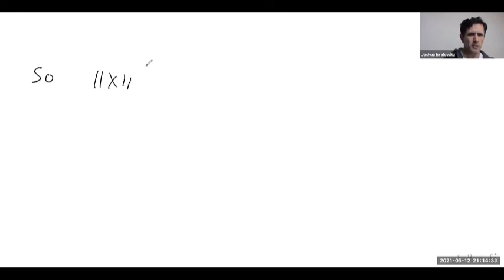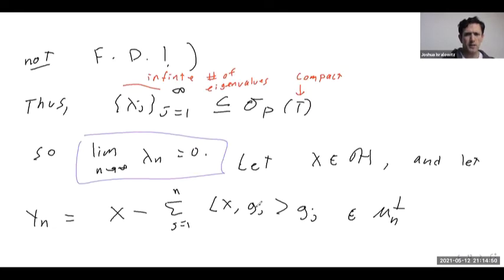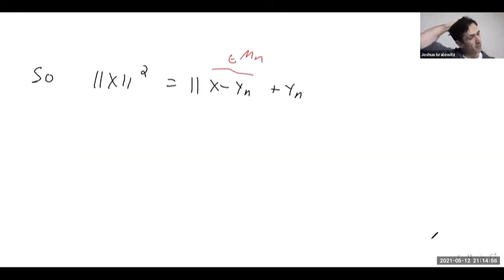So what does this tell me? This tells me that x is going to be (x minus y_n) plus y_n. Well, x minus y_n is in M_n because it's literally the sum of (x, g_j) g_j, which is certainly in the span of the g_j's. And y_n is in the M_n orthogonal complement.